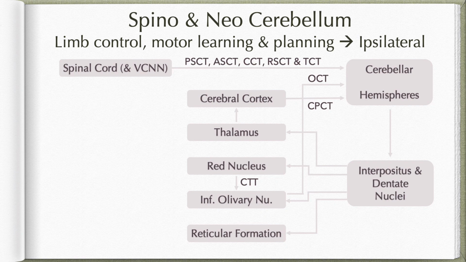Now, if you notice these outputs from the reticular formation as reticulospinal tract, from inferior olivary nucleus as olivospinal tract, red nucleus as rubrospinal tract, and cerebral cortex as corticospinal tract, the fibers will be projected back to the spinal cord, which will help in controlling the movement of the muscles which are controlled from spinal cord.